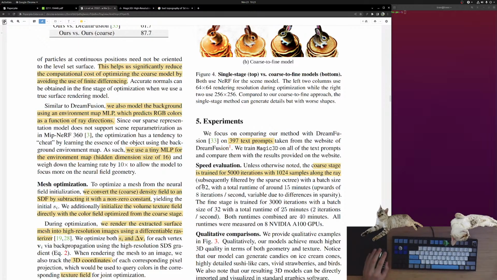Batch size of 32, total running time of 15 minutes, 8 iterations per second. Fine stage is trained for 3,000 iterations with a batch size of 32 and a total runtime of 25 minutes. Both runtimes combined are 40 minutes. All runtimes were measured on 8 NVIDIA A100s.